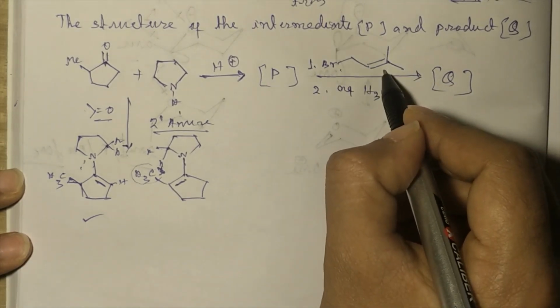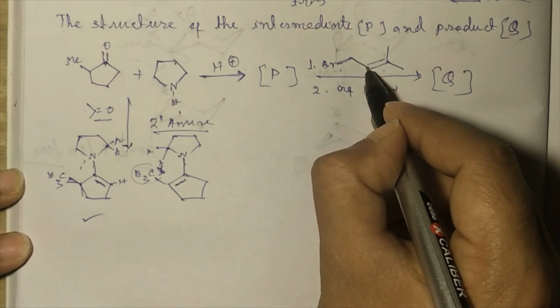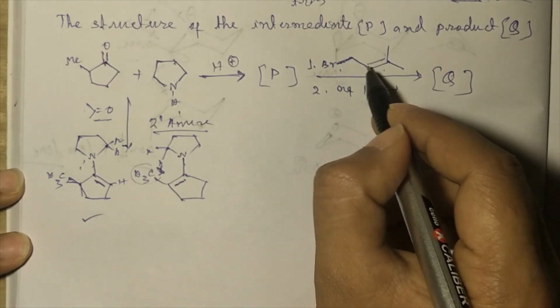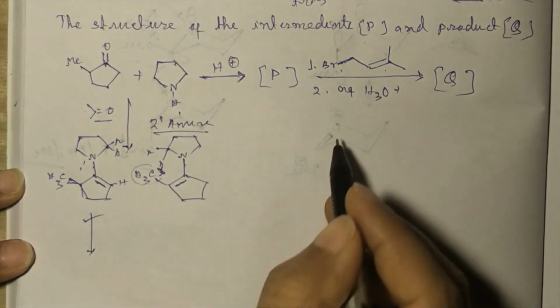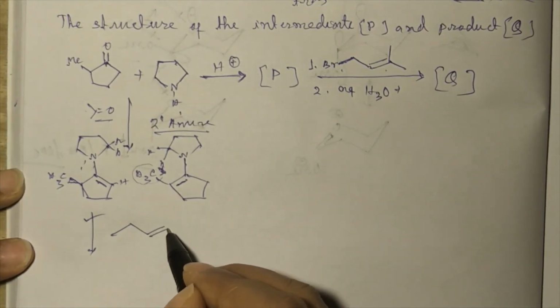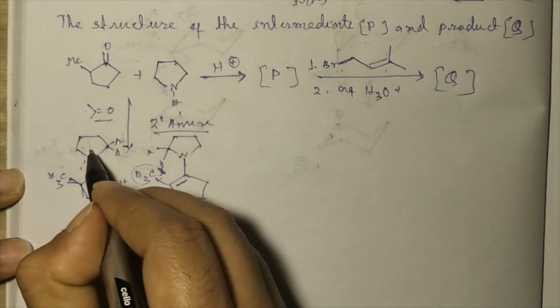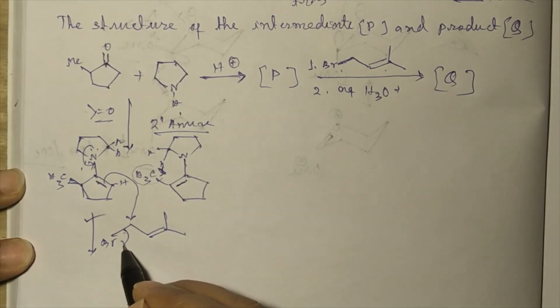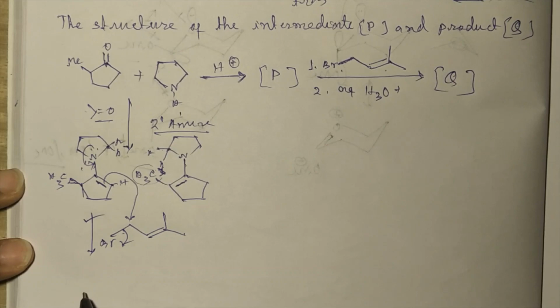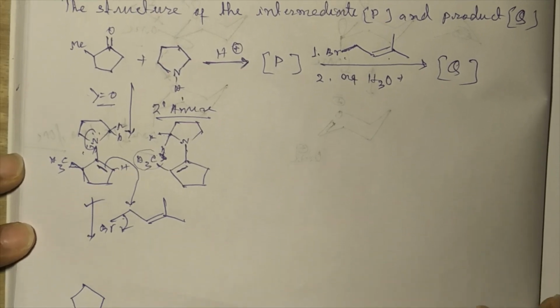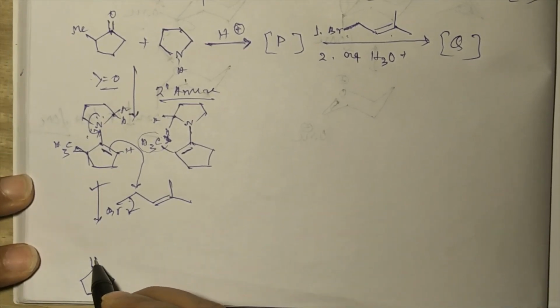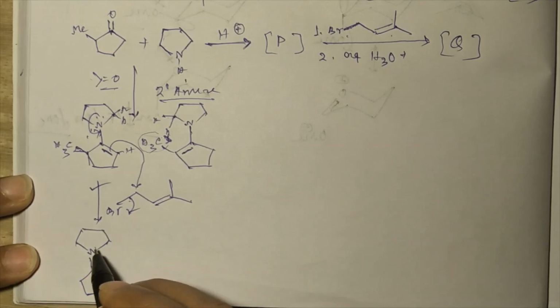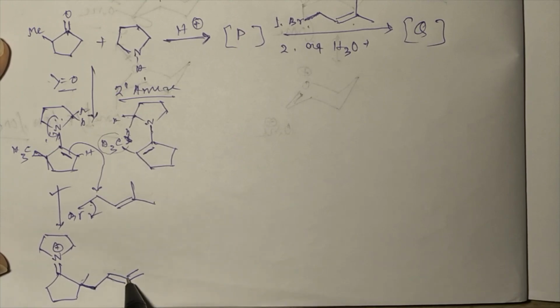Here an alkyl halide is taken. So what will happen? An SN2 reaction will take place, a simple SN2 reaction. So this will attack at this position, and this will leave. So the product will be this.